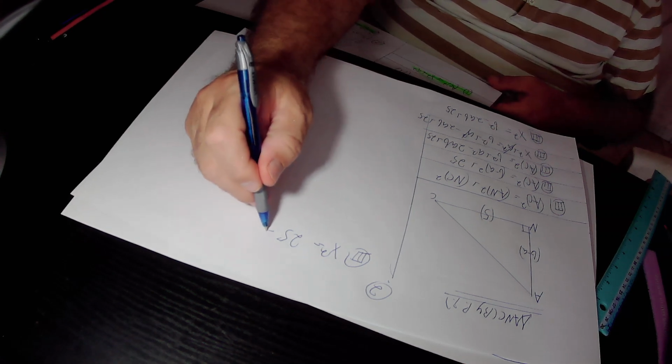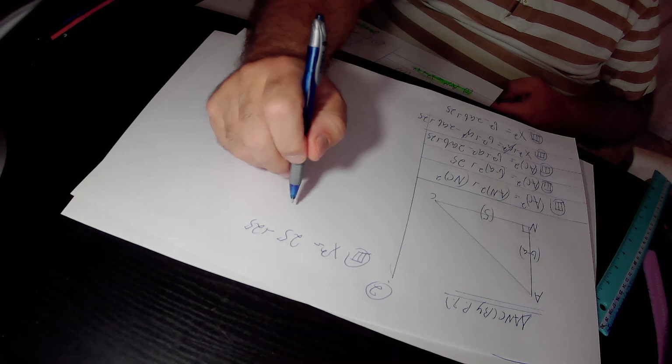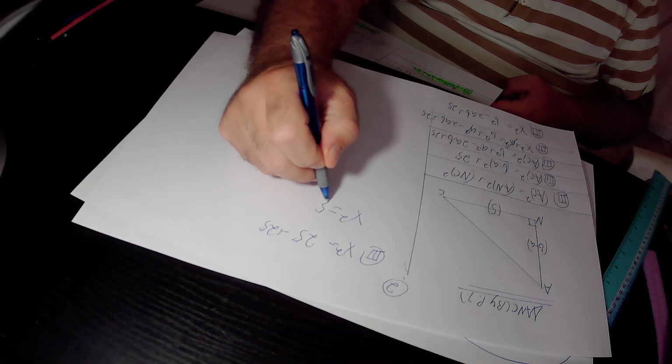So in total we found out that x squared, that is the tangent that we are looking for in this question, is equal to 25 plus 25, that is 50.